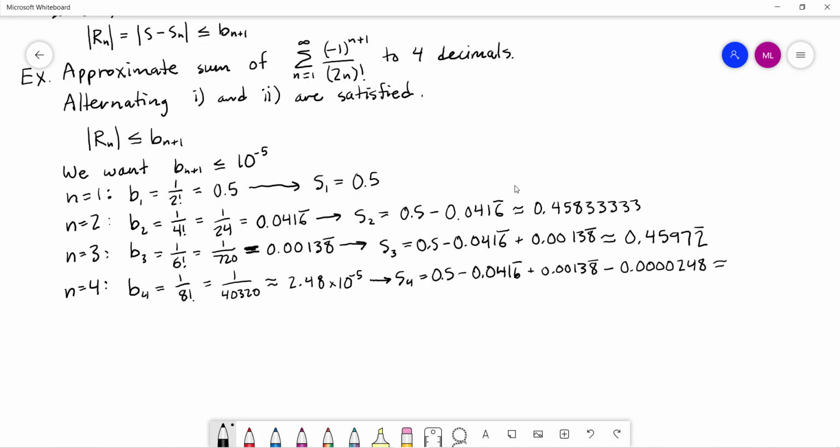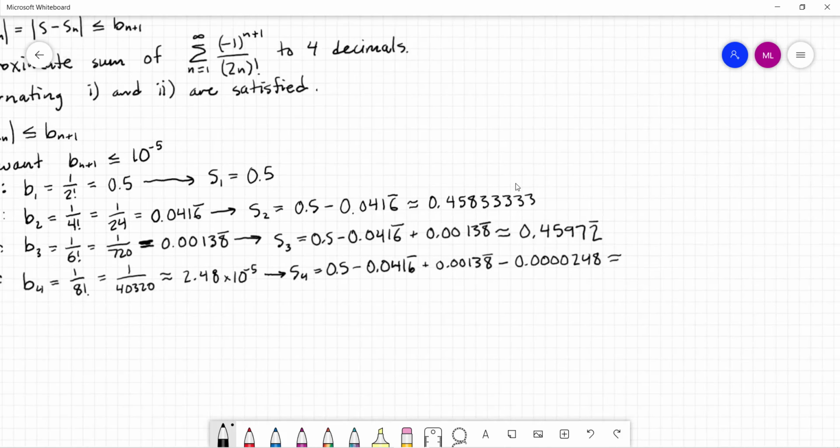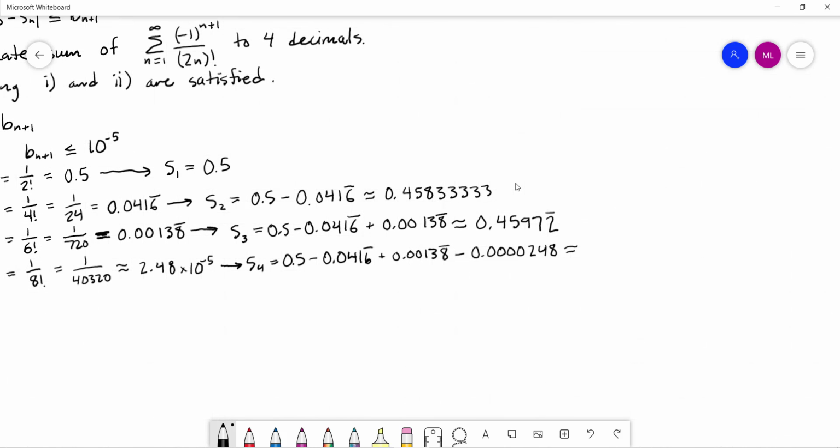And this will give us, when it's all said and done, I'll have this minus this guy on the calculator, hit enter, and we are at 0.45969. So I'll round that to a 7, 4597-ish.